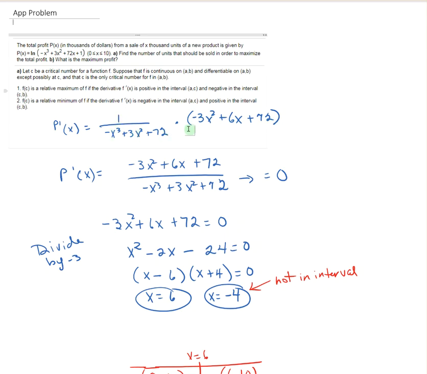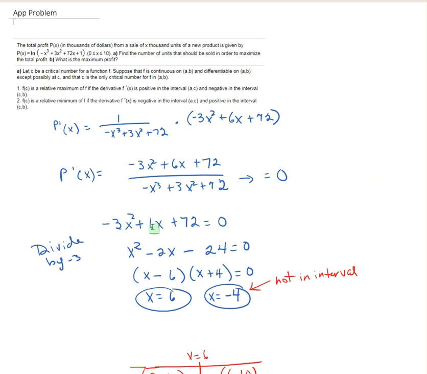So ultimately this piece over this piece. That's your derivative. Now, we're going to set that equal to 0. When we do that, this piece on the bottom can multiply all the way over here, and it's gone. So we are left strictly with this. We're going to have that equal to 0.